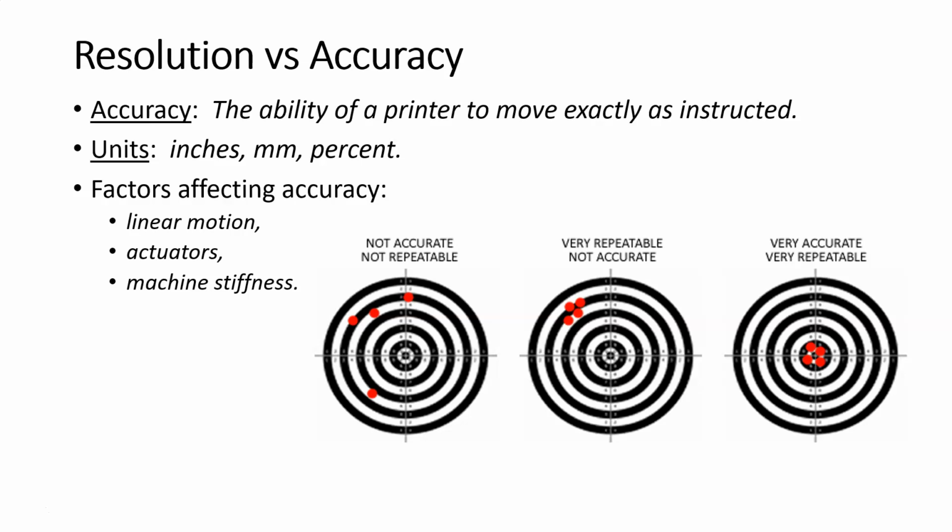linear motion. Okay. All the 3D printers are going to have some type of linear motion involved in them, whether we're moving the print head, whether we're moving the mirror that the laser is going to be directed onto, whether we're moving the build platform up and down.